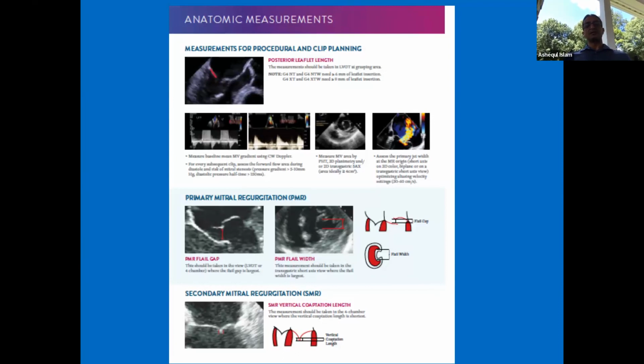So if you have a very large flail width, you may actually want to do a long and wide clip to begin with, as long as your mitral valve area is adequate. Obviously, otherwise you're not going to get a good result. So I would tend to use that in most of this wide flail gap.